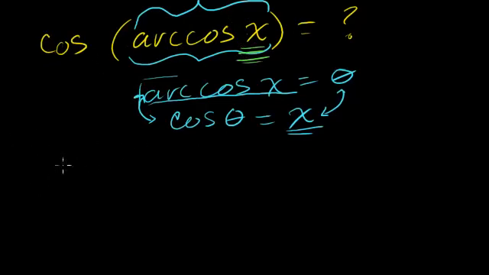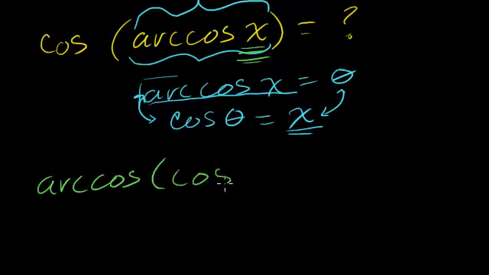Now, what if I were to ask you what the arccosine of the cosine of theta is? What is this going to be equal to? My answer is it depends. It depends on the theta.